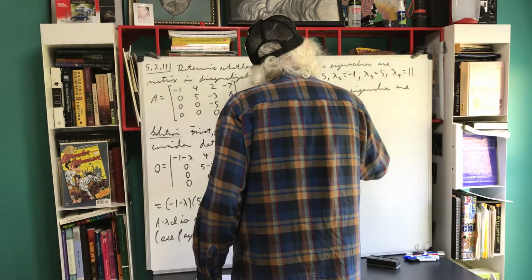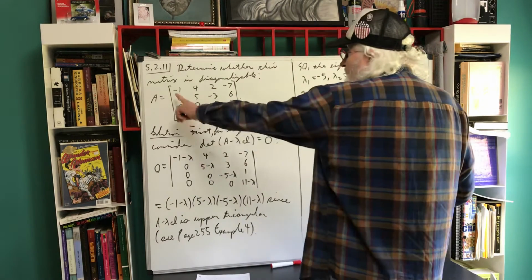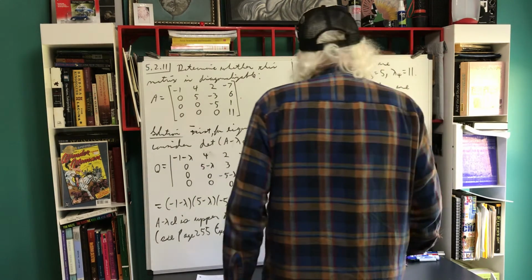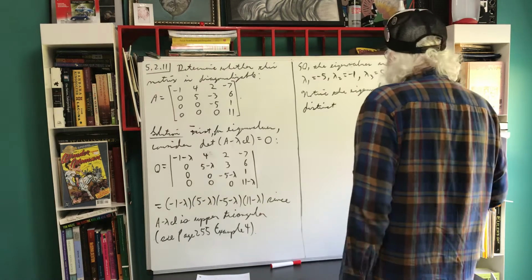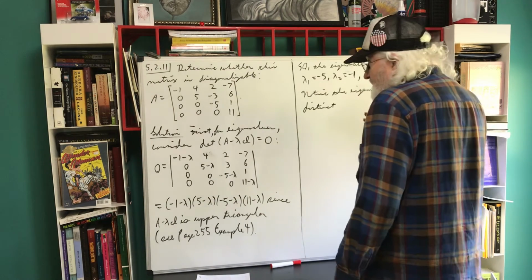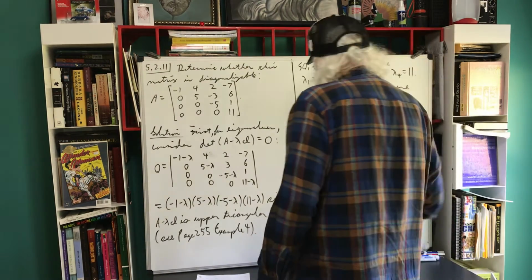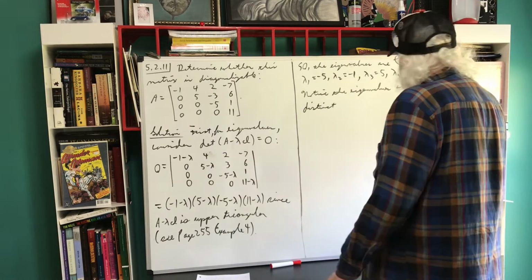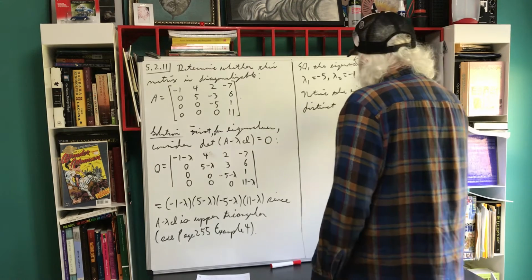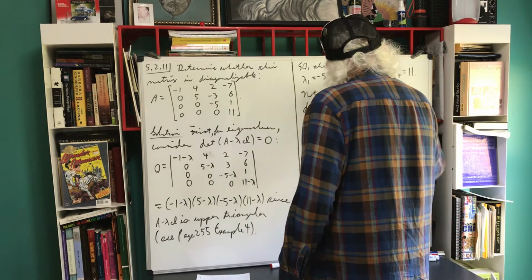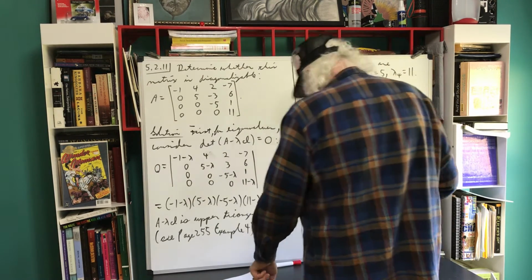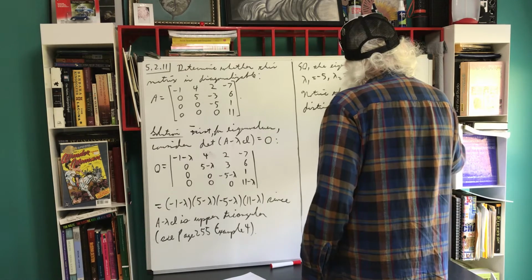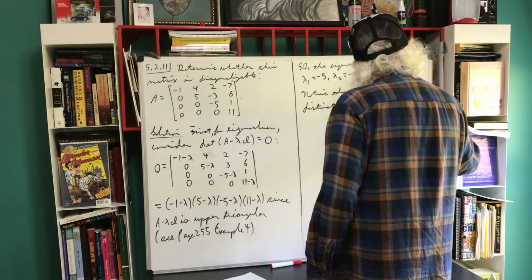There were 4 of them. We started with a 4 by 4 matrix, we should get 4 eigenvalues. If you let me count multiplicity and use complex numbers, we'll get 4 of them. Here we've got 4 distinct real eigenvalues, so we're in pretty good shape. The eigenvalues are distinct, so by theorem 5.3.